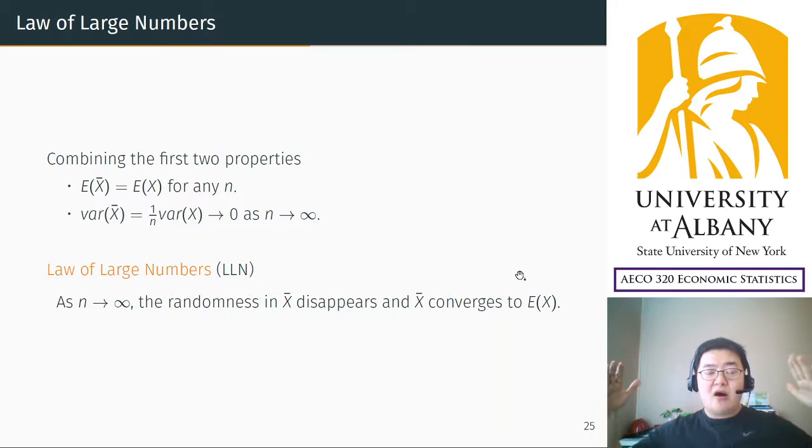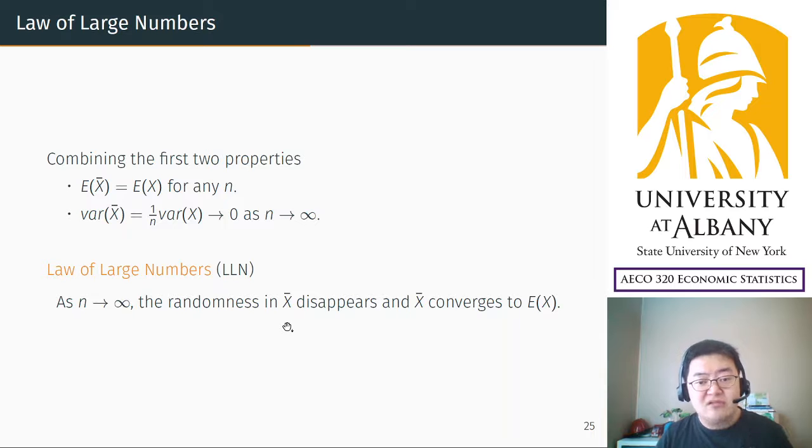So the sampling distribution becomes more and more concentrated, and in the end it will be just one point. In the end, x bar, the average, equals the true mean with 100%. There is no more randomness. That's the law of large numbers, right?